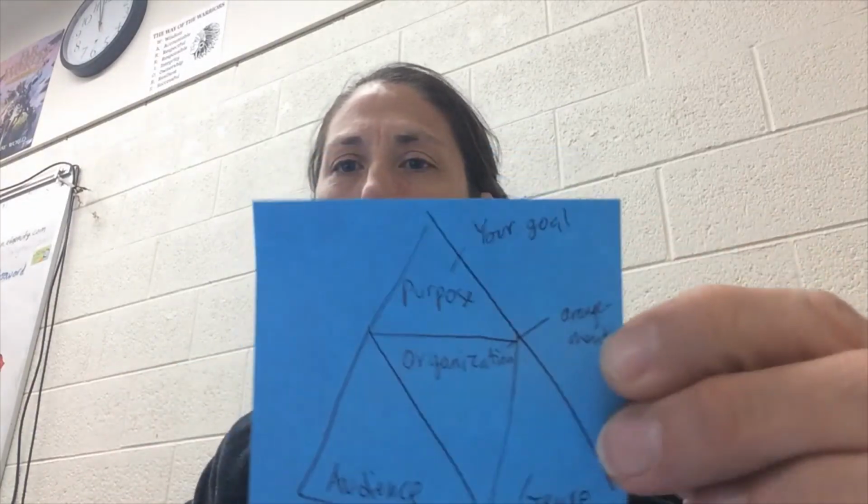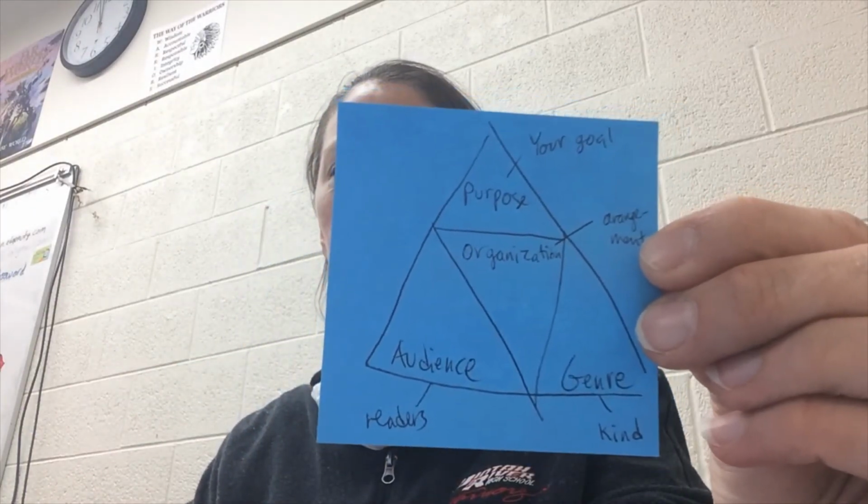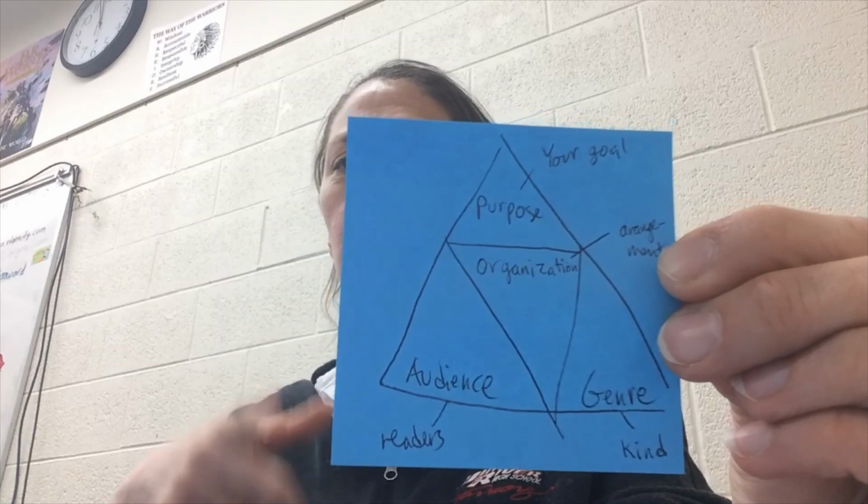Now, there are 5 parts to writing practical documents. There's purpose, organization, audience, and genre. And here's a little pyramid with pyramids in it. So purpose is your goal. What is your goal when you're writing this practical document, this business letter, or whatever it is that you're going to be doing?